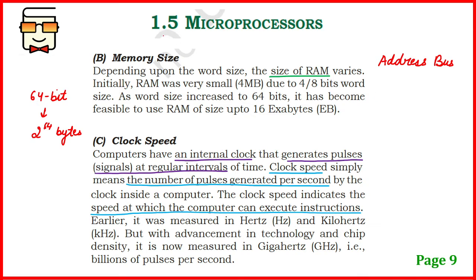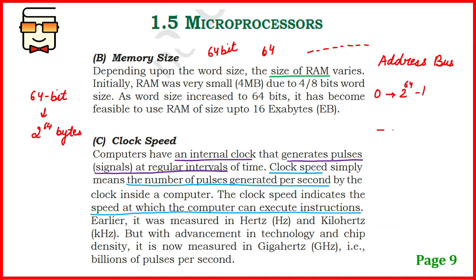If this CPU can process only 64 bits at a time, then the address is limited to 64 bits. That means I will only have an address as long as 64 bits. I cannot have an address that is more than 64 bits. So the total number of memory addresses that are possible are 0 to 2 raised to power 64 minus 1. Now how is this?